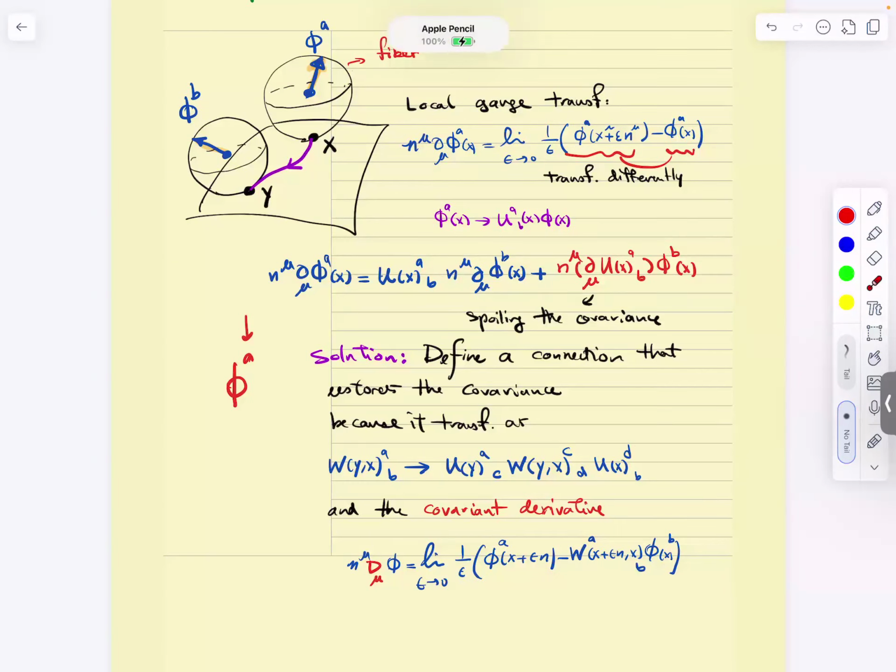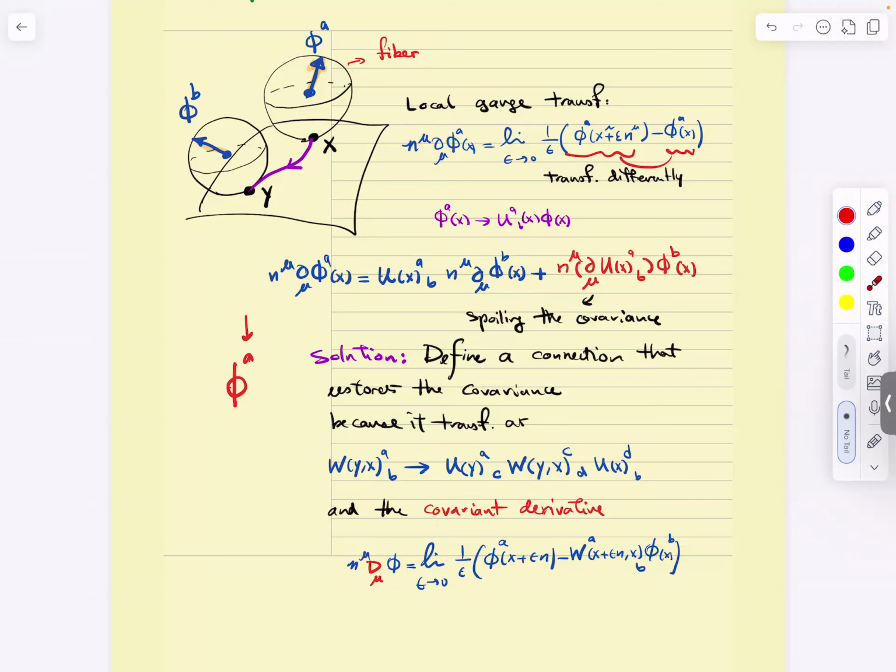So what does it mean? It means that if you consider phi of x, now this is A, W of x, y. This is, I don't want to do matrix multiplication, A and B, phi of B of y.